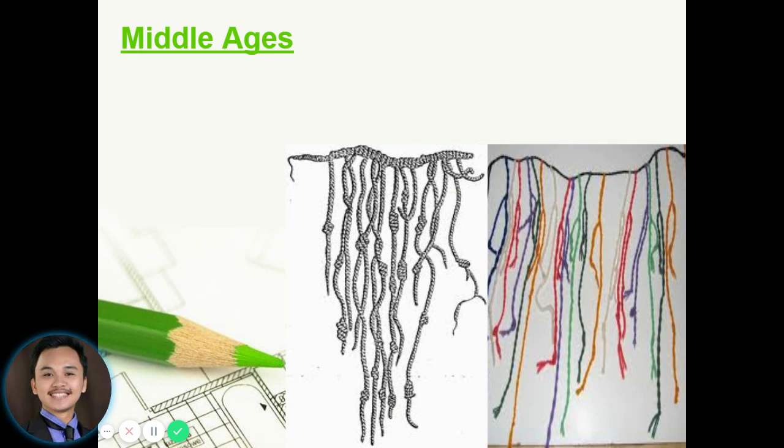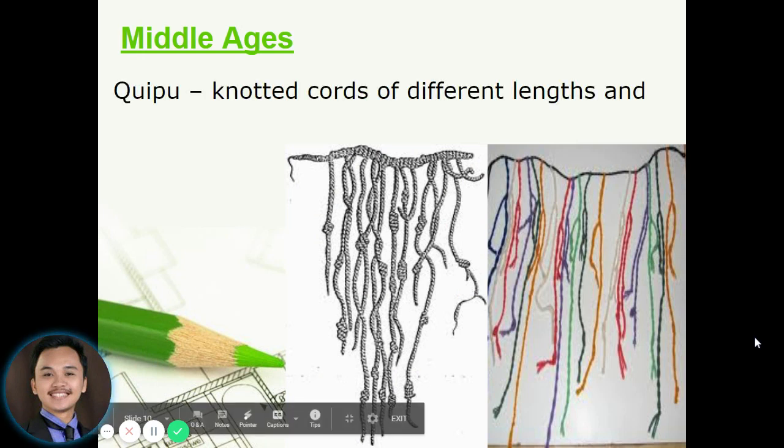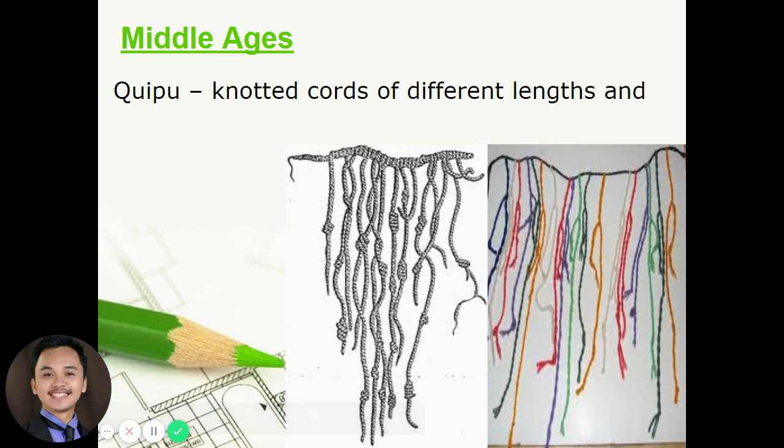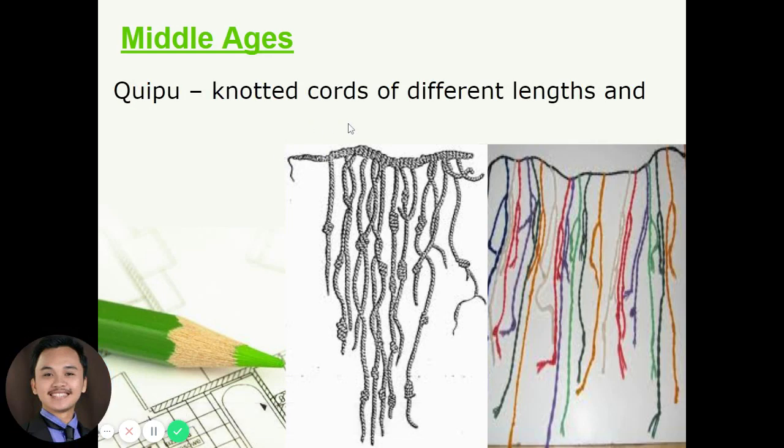After the primitive era, let's move to the Middle Ages or the Middle Era. So from the use of tokens in recording business transactions, let's now move to quipo. So from clay, let's move to knotted cords. It has evolved into knotted cords, from the use of clay to the use of knotted cords of different lengths in recording.